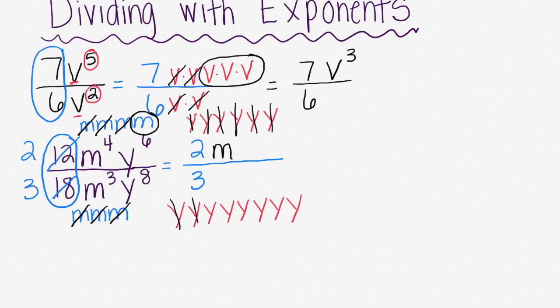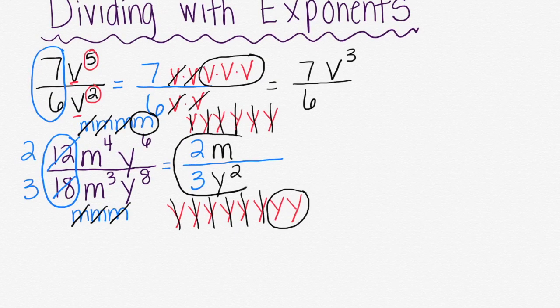I'm going to do the same thing here. I am left over with 2 y's, but the y's are left in the denominator, which means that they are going to go here, and I represent the 2 with the exponent. So this is my answer.